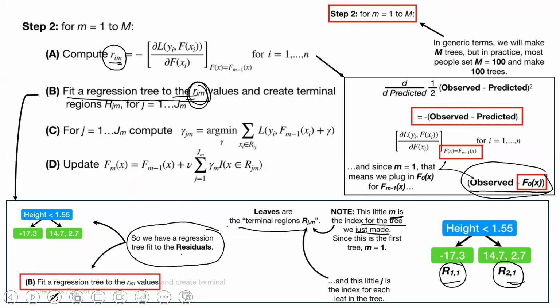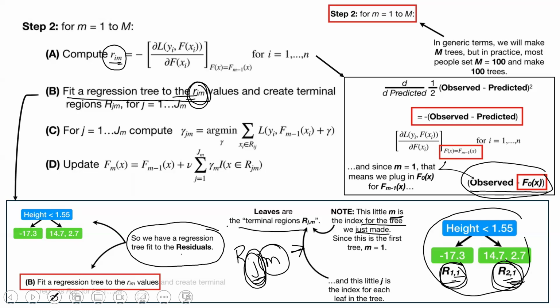So you're talking about r_jm, right? M is the index of the tree. Now we are at tree number 1, so m will be 1. Little j is the index of the leaf in the tree. Leaf index. So this is the first leaf, this is the second leaf. This is how you need to understand the residuals. Now once we got the residuals, you're constructing a tree. That is what this step says.